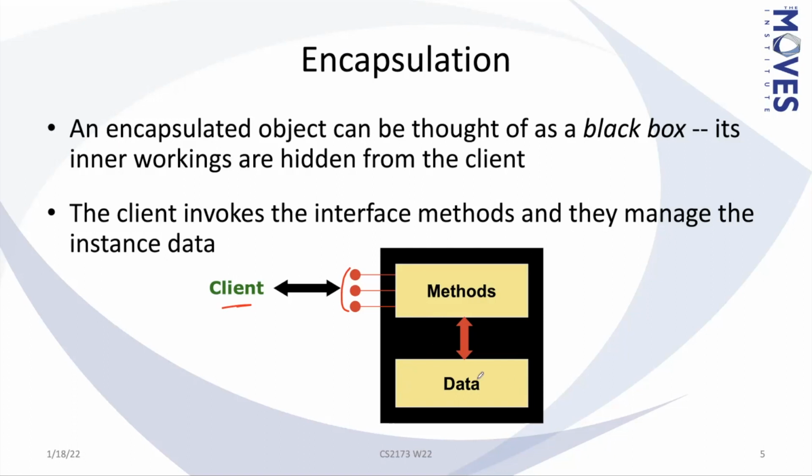If something has mucked with your data, or the state of your object has somehow gotten into some weird place, there's only one place to look, and that's within the methods of that class. If you allow other parts of the program to change that data, then it can be like looking for a needle in a haystack.